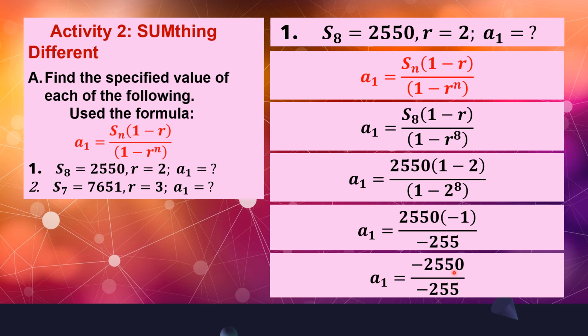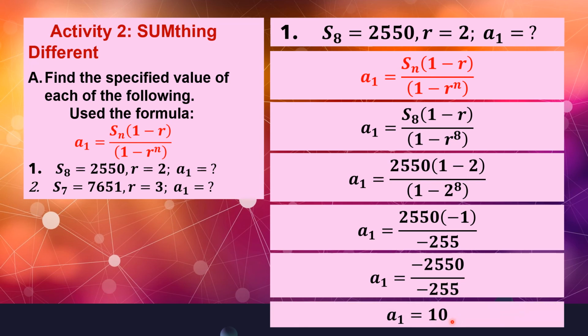Simplifying this, negative 2,550 divided by negative 255 is equal to positive 10. Thus, our first term or our a sub 1 is 10.